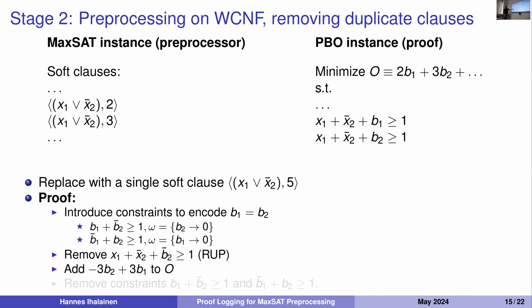Because of these two constraints, this is equivalent to 0, so we can update the objective function. And now we have removed b2 from everything else except these two constraints we added. Finally, we can remove these two constraints, again with checked deletion, and we need to use a witness that sets b2 to 0 and 1 for the other, but because b2 doesn't occur anywhere else, it's kind of trivial to remove these at this point.